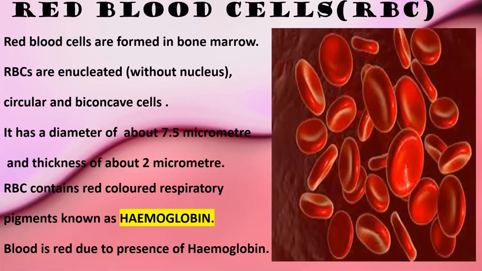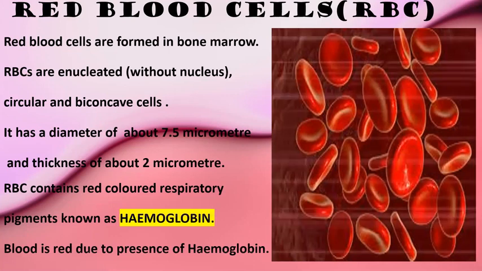RBCs have a diameter of about 7.5 micrometer and a thickness of about 2 micrometer. RBC contains red-colored respiratory pigment known as hemoglobin. Blood has a red color due to the presence of hemoglobin.